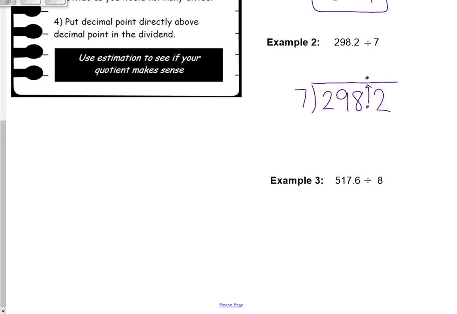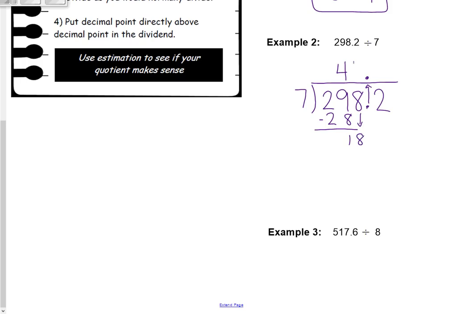Thank you. 7 goes into 2 0 times, but 29, 4 times, sorry. And that's 28. And hold on one second because I'm going to need to move this. There we go. I'm not going to have enough room. Subtract gives you 1. Bring down the 8.